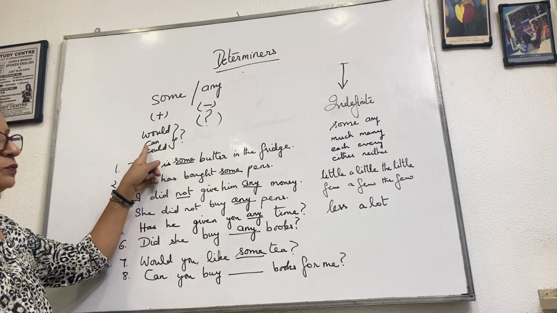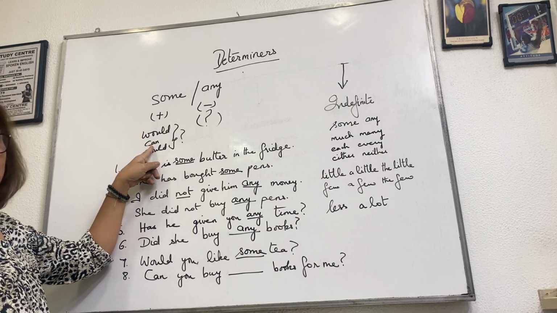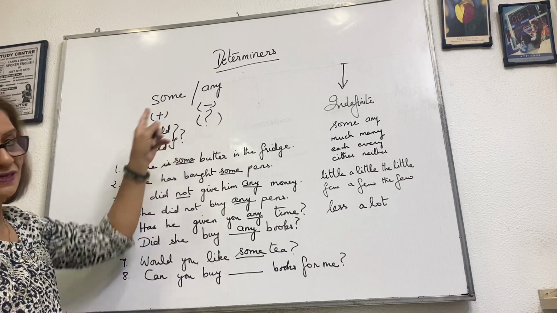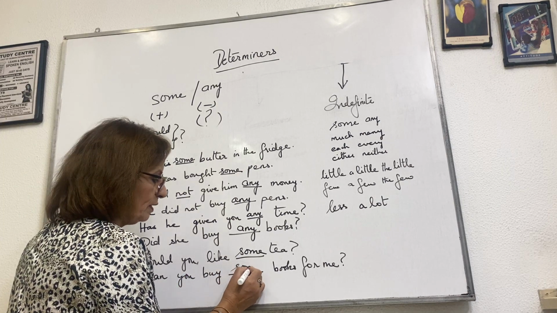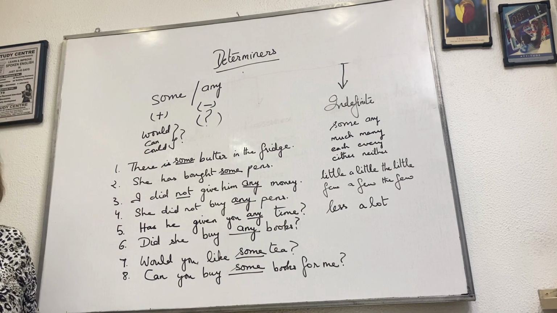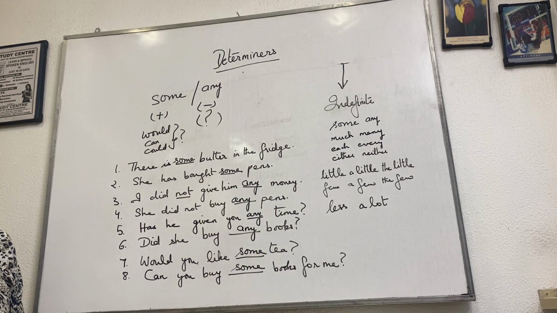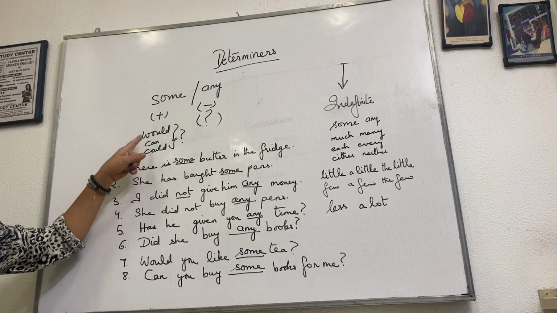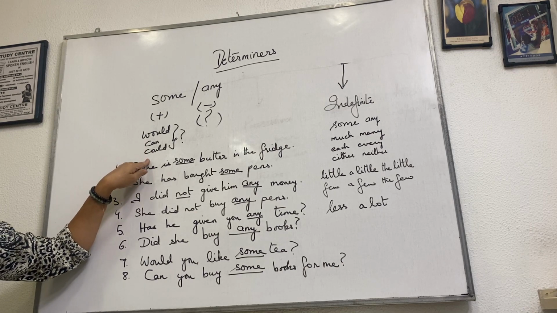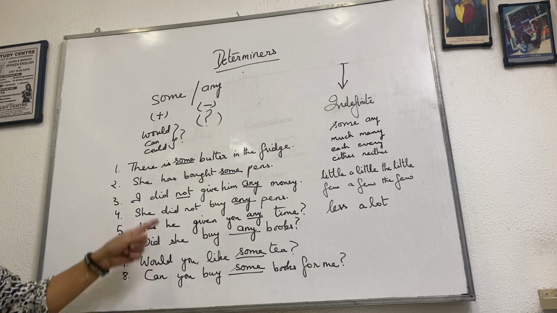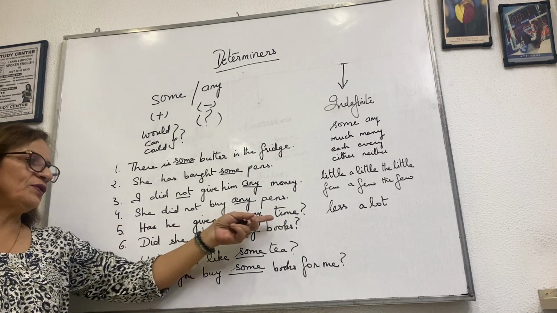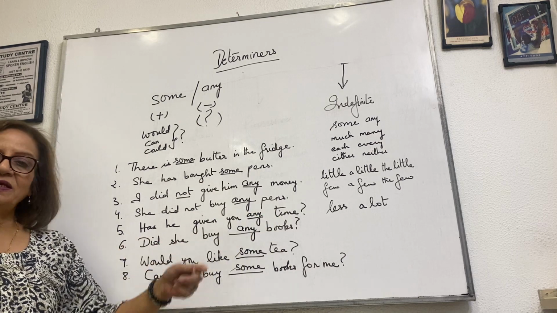So the rule says if it is asked with can, then we always use some, not any. Can you buy some books for me? Not any books for me. See students, though it is interrogative, the rule says that with would, can and could, if the interrogative questions are asked, we will use some, not any. Otherwise we use any. Has he given you any time? Did she buy any books?